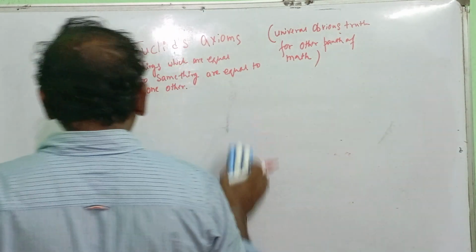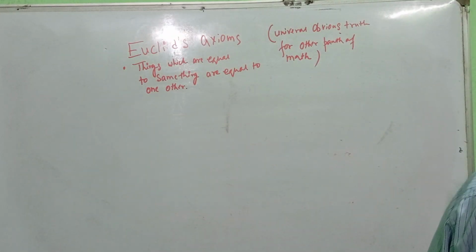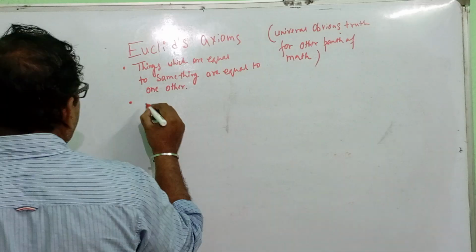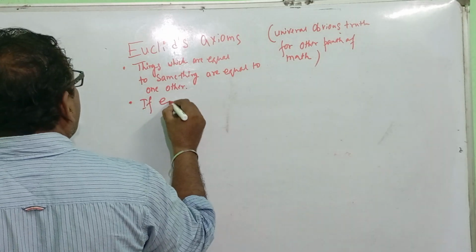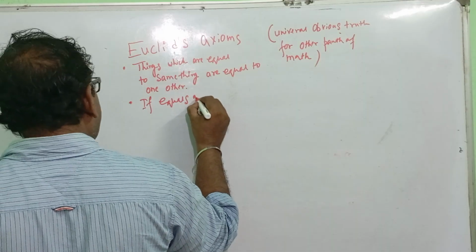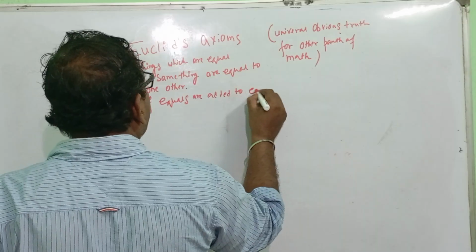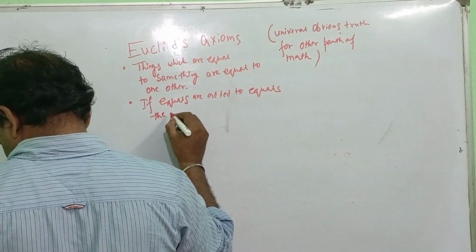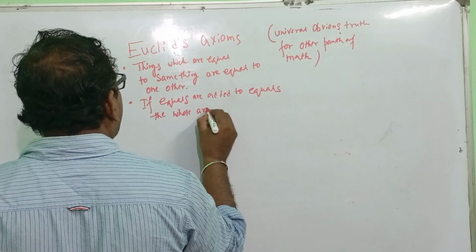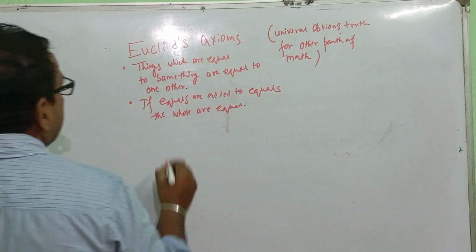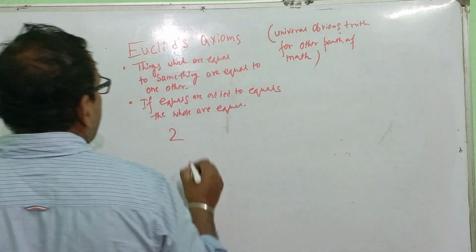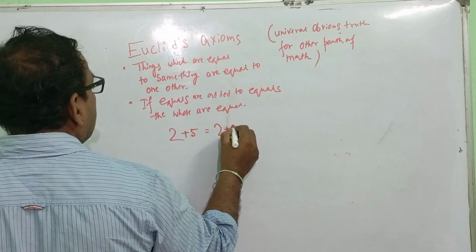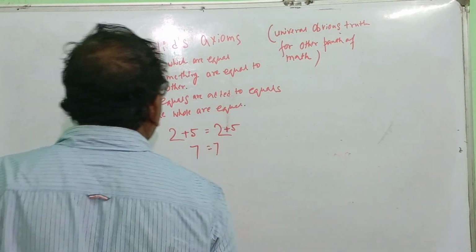Number 2: if equals are added to equals, the wholes are also equal.